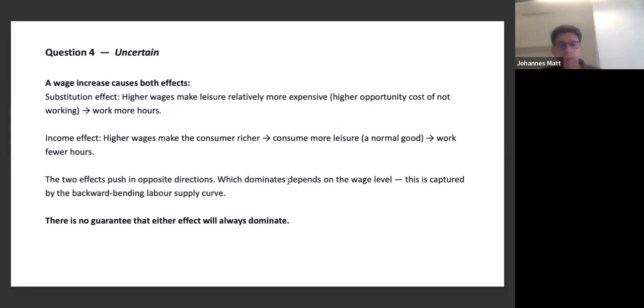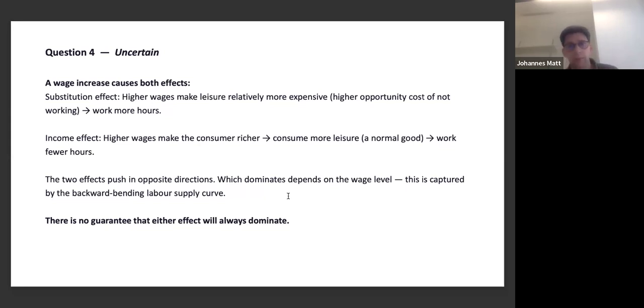If you think about, for example, your standard backward bending labor supply curve, where your labor supply increases when wages are very low but rising, and your labor supply decreases when wages are very high, then you would see that the income and substitution effects dominate in different areas of the curve. In particular, when your wage or your income is relatively low, the substitution effect is much stronger than the income effect, and so your hours worked rise as wages increase.